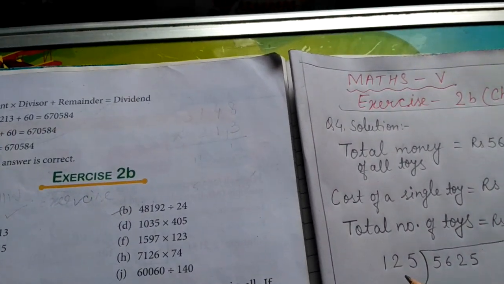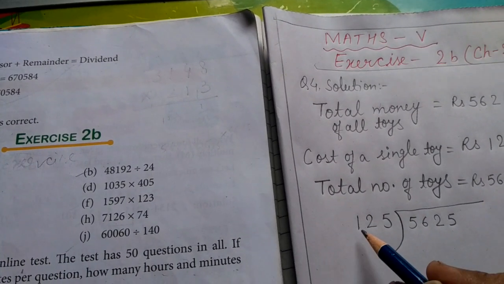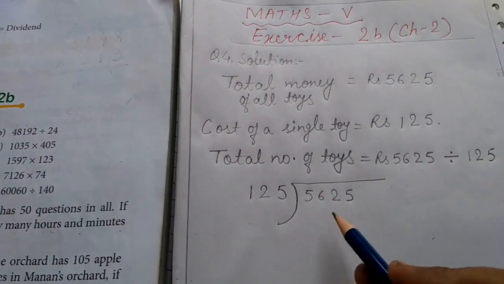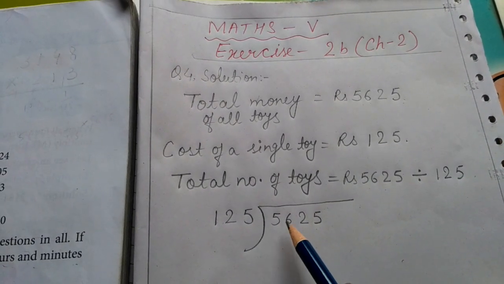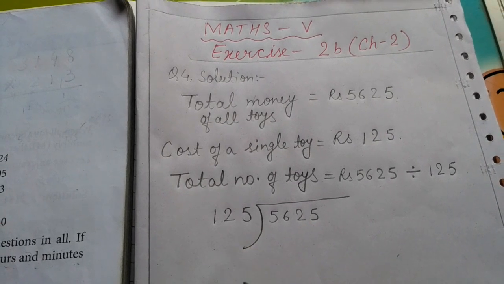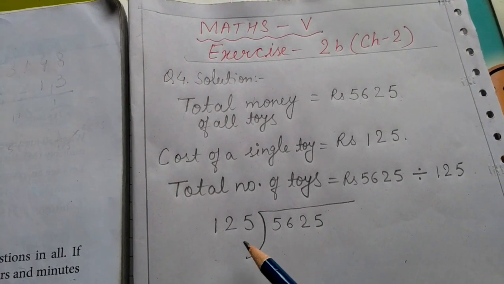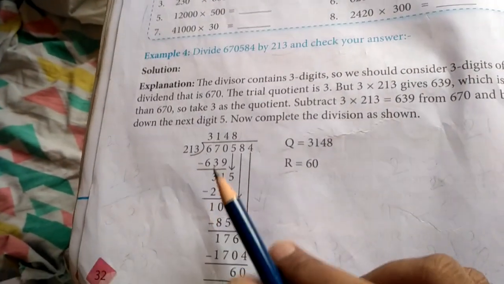Now here 125 is the divisor. The divisor is of 3 digits and the dividend is of 4 digits. So since it is of 3 digits, we will take 3 digits, 562. Now we have to do the trial quotient as we have done over here in this example.